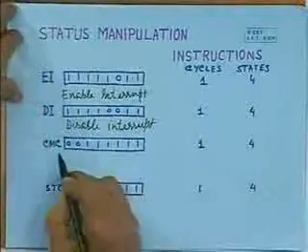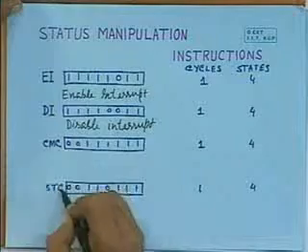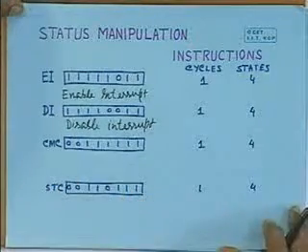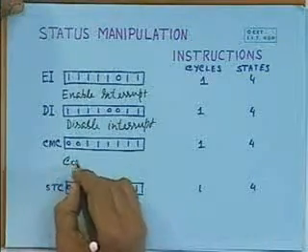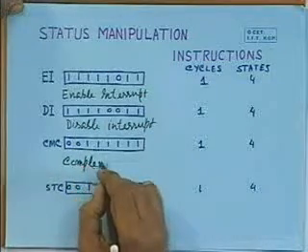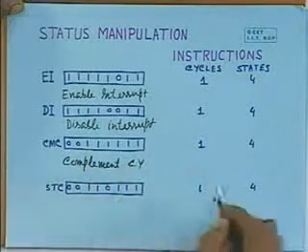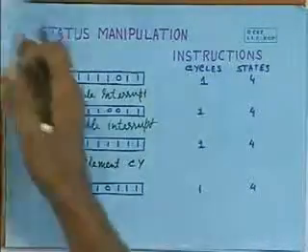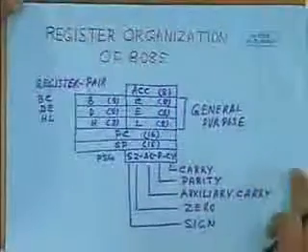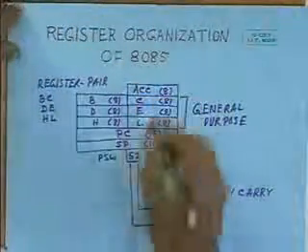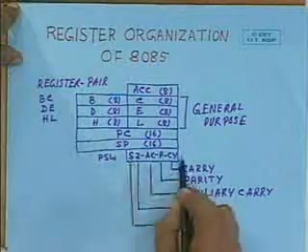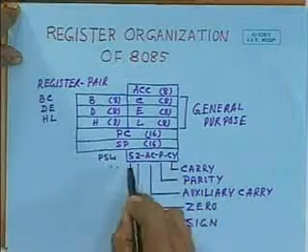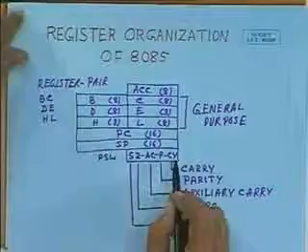Similarly, in case of these two instructions, CMC, complement carry, you may recall the register organization of the 8085, where there is a carry flag bit as part of the program status word. Normally this carry flag bit is modified as the outcome of an instruction execution.